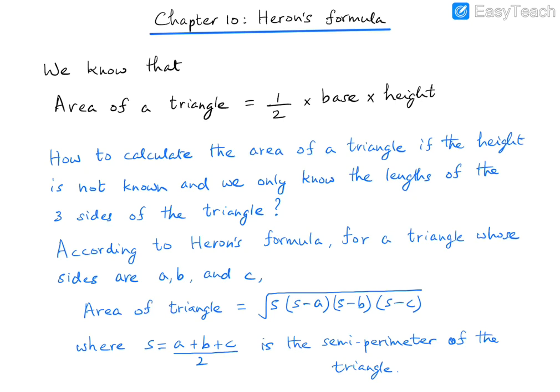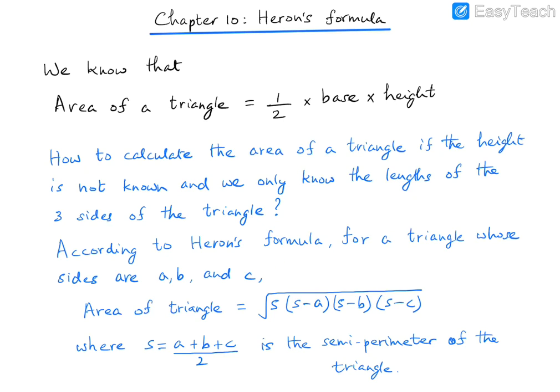We know in general that the formula for the area of a triangle is half into base into height. But in situations where we do not have the information about the height, and we have only the lengths of the three sides, how do we calculate the area of the triangle? And this is where Heron's formula becomes useful.